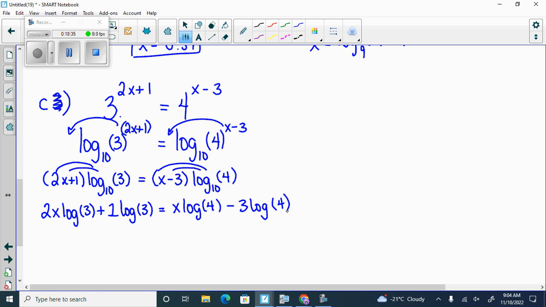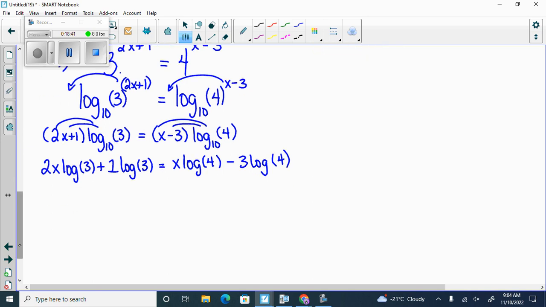That's all we're doing. Pretend the logs are just numbers if you get stuck on the steps. Because if I gave you, off to the side, 2x plus 1 equals 1x minus 3, you'd say, oh, I need to move my x's together, right? That's what you would tell me. It's the same thing. They just look weird. So I'm going to subtract my x log 4.